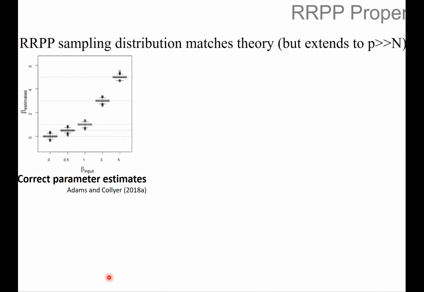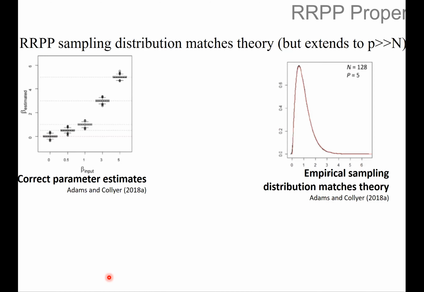And in fact, you can ask whether or not this procedure matches parametric likelihood theory. And we do that by comparing theory with RRPP in those cases for which both can be calculated. So in other words, we use lots of observations and just a few variables. So where we know both are robust. And here's one example.